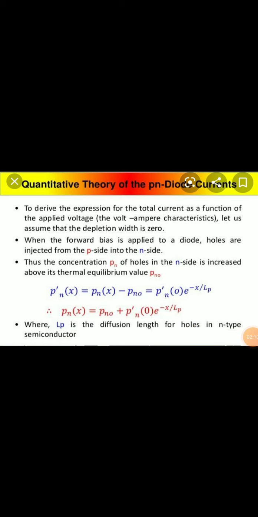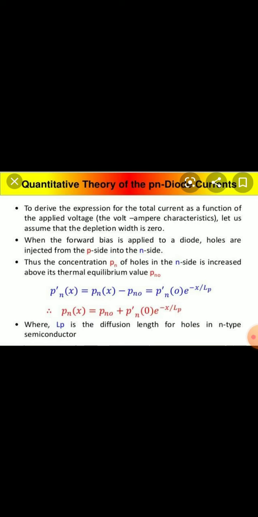To derive the expression for the total current, we need to know about forward bias. We have to derive the expression for total current as a function of applied voltage. First we need to assume the depletion width as 0, so we have to use the forward bias.